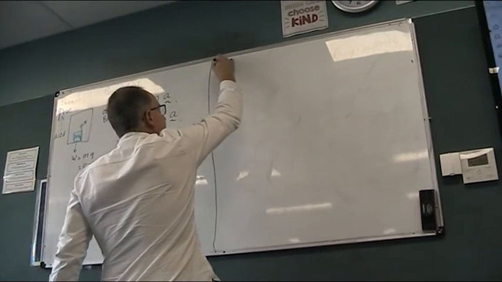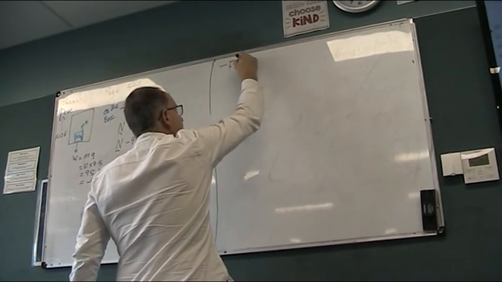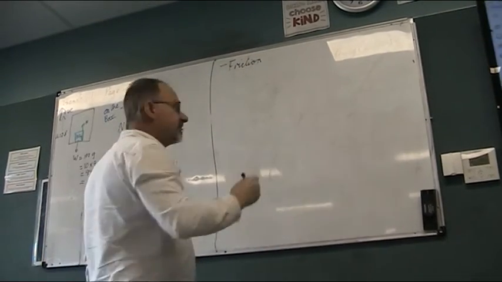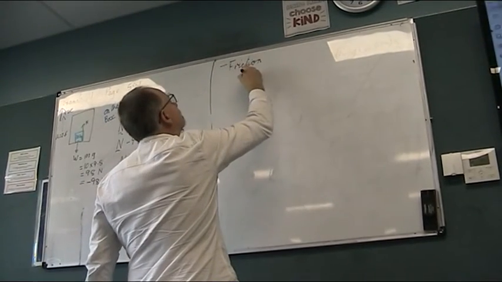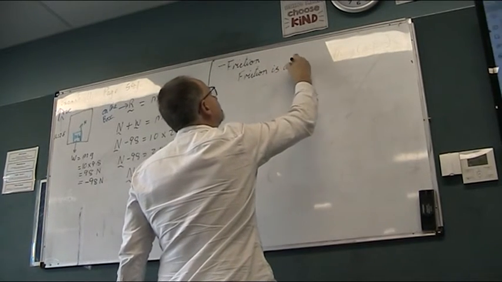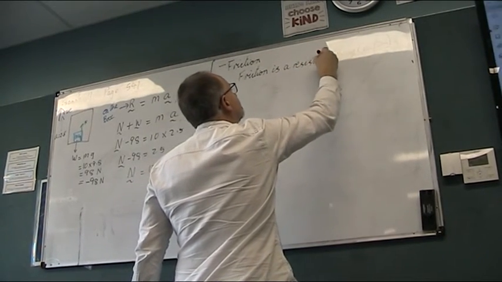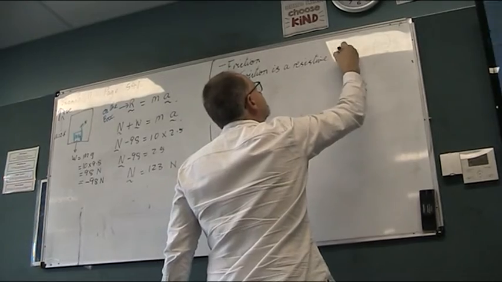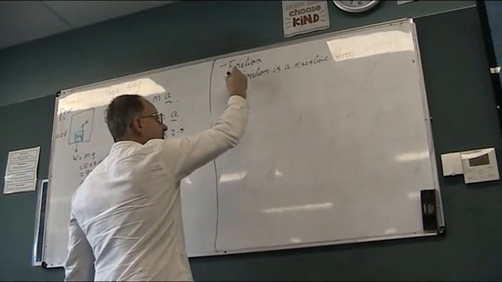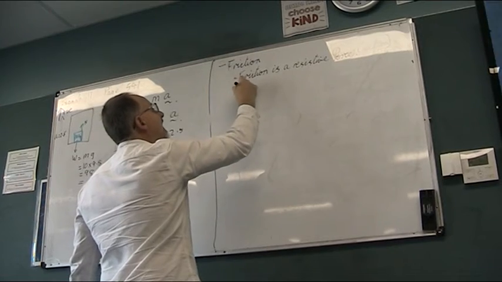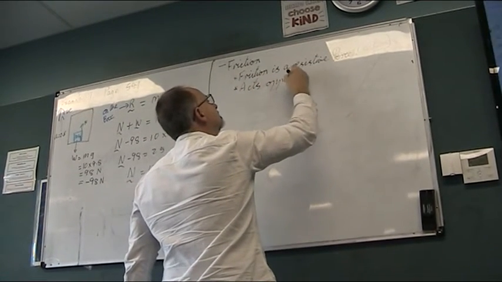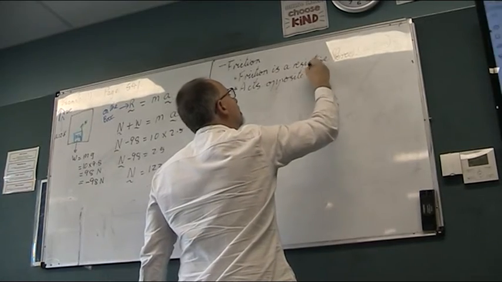All right, so friction is a resistive force and because it's a resistive force, it acts opposite to the motion.